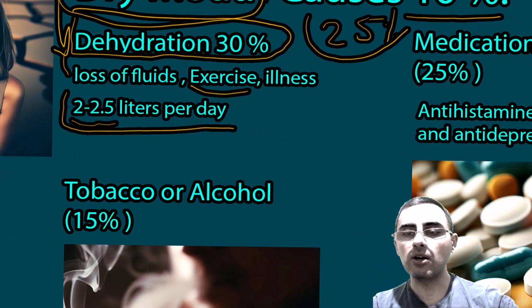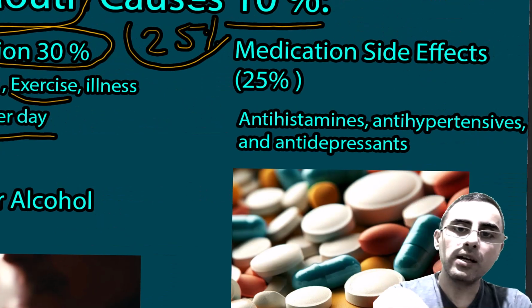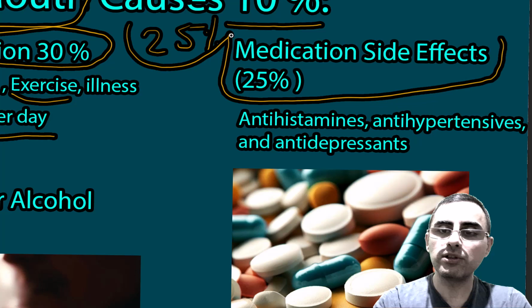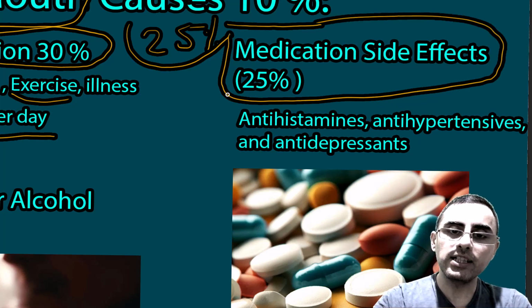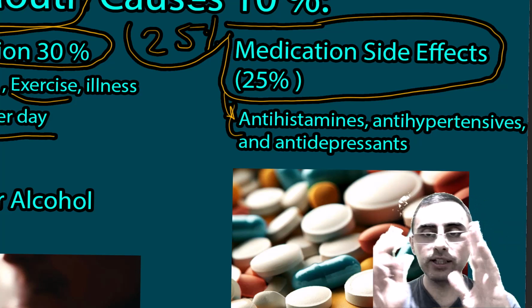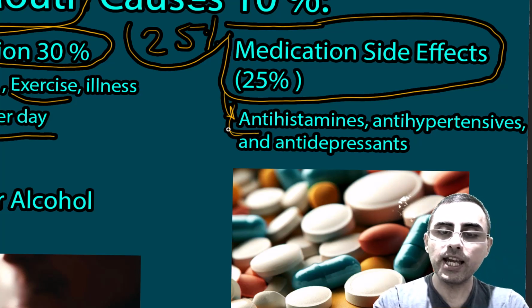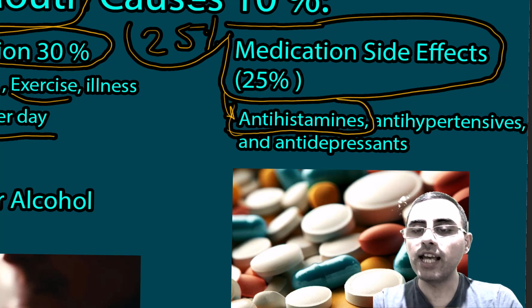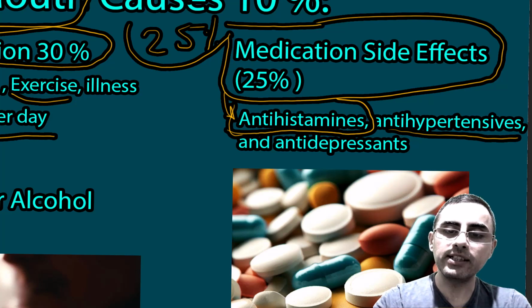The second most common cause is medications. We should think about medications also, especially antihistamines. Antihistamines are used especially for kids and for adults of course, but in the case of kids antihistamines are more common. Antihypertensives in adults of course, and antidepressants.